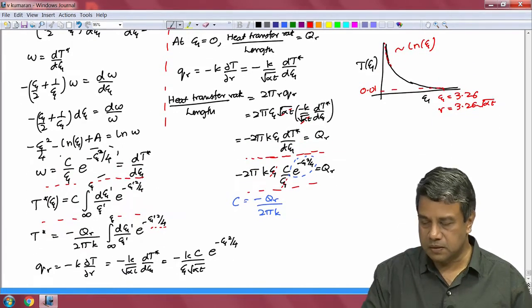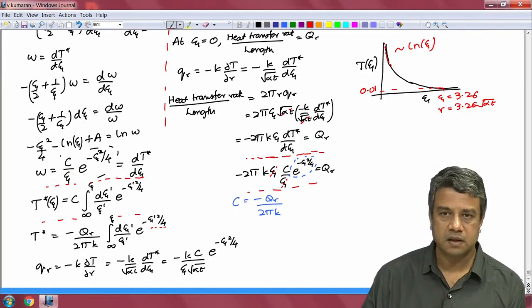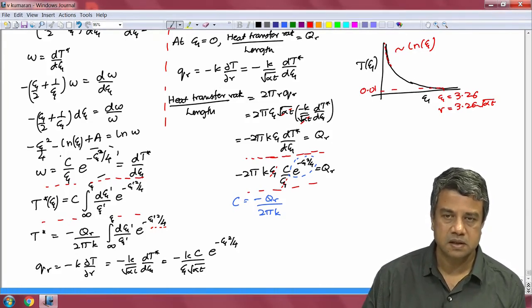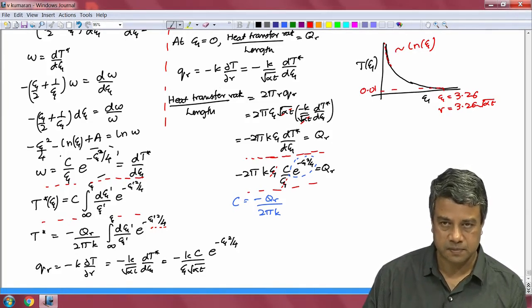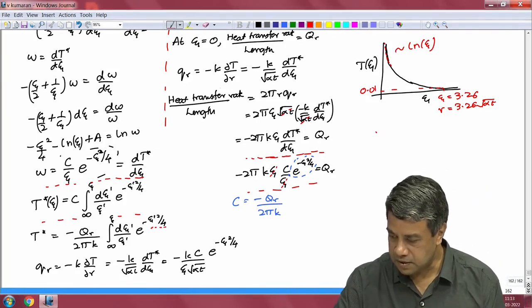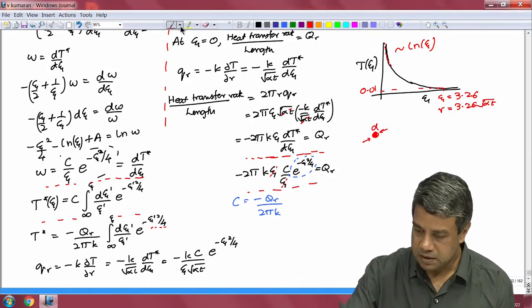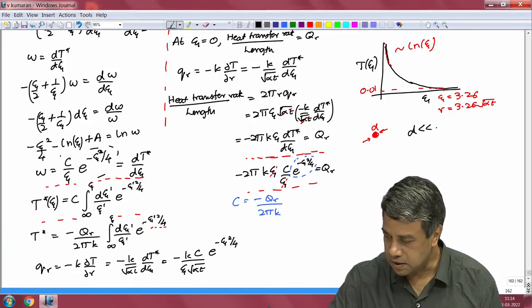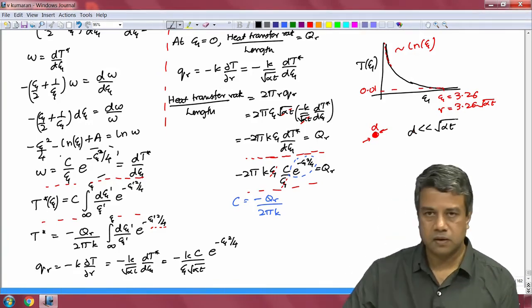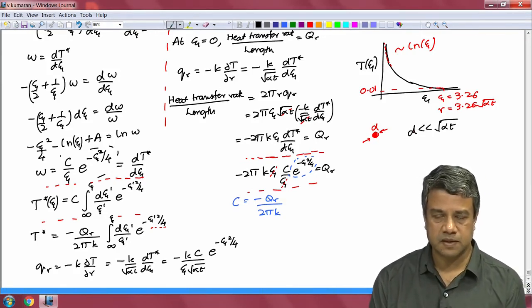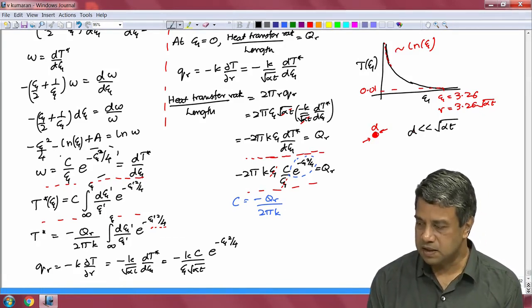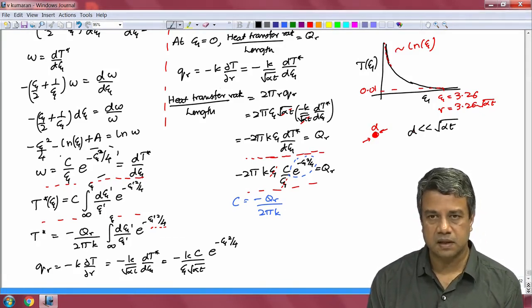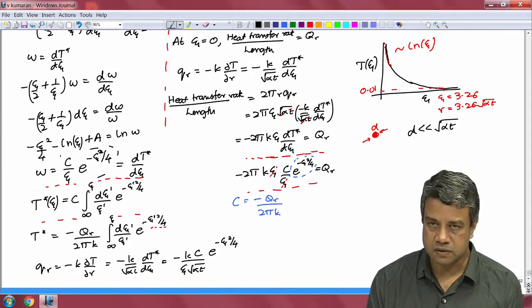This solution can always be applied provided the thickness of the wire is much smaller than the penetration depth. If the wire was actually a finite wire with some diameter d, so long as d is much smaller than root of alpha t. Root of alpha t is the penetration depth of the temperature field after the heating has been switched on. So long as d is much smaller than square root of alpha t, the wire looks like an infinitesimal source of heat.